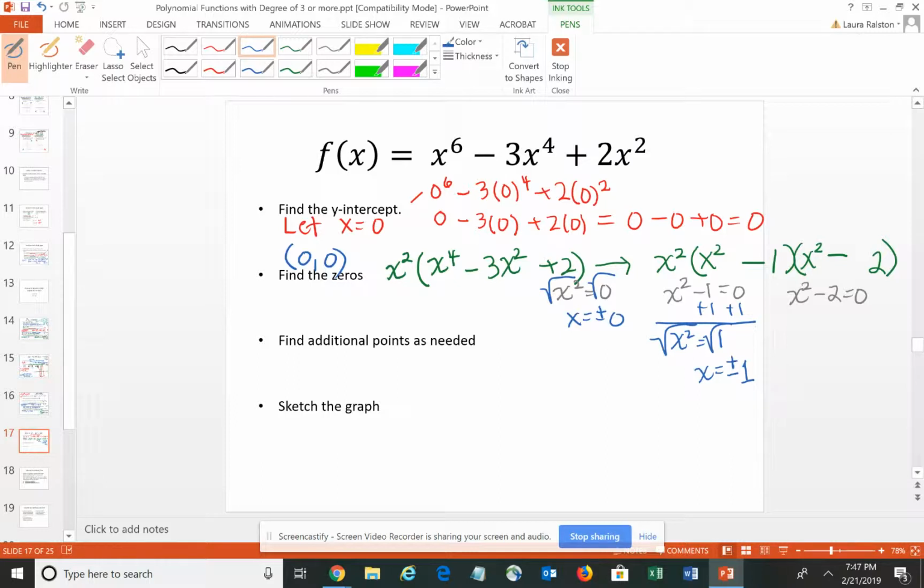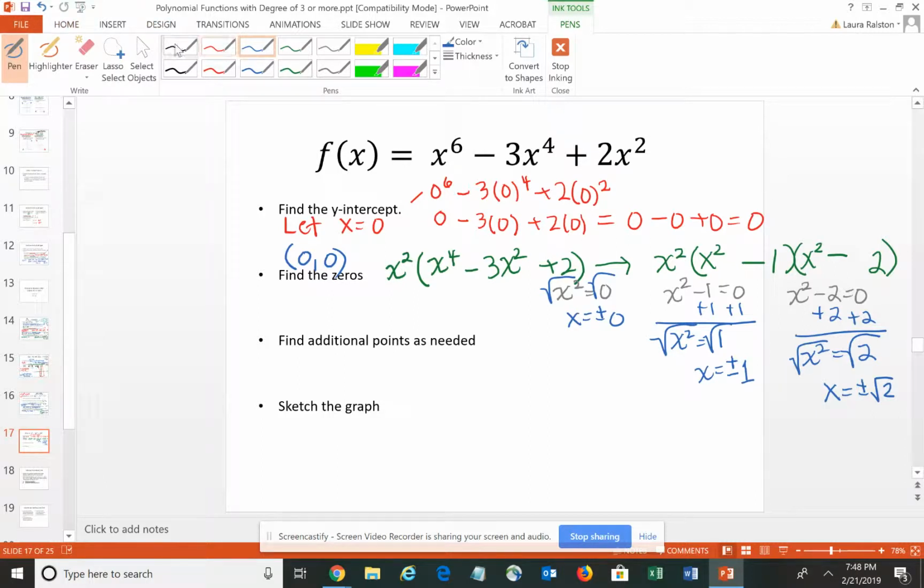And then finally do x squared minus 2. I'm going to add 2 to either side. So I have x squared equals 2. I'm going to square root. So x equals plus or minus square root of 2. Okay, so we actually have 1, 2, 3, 4, 5.